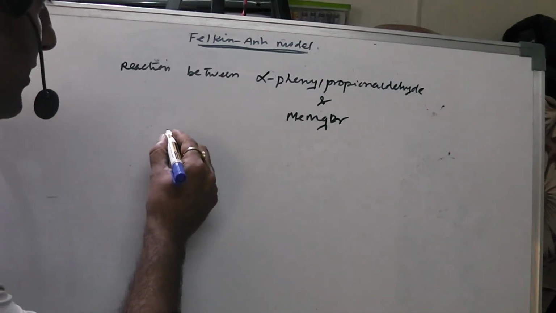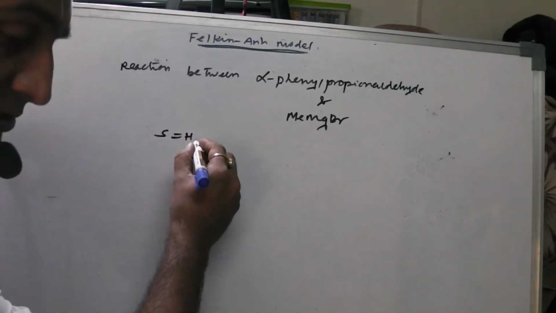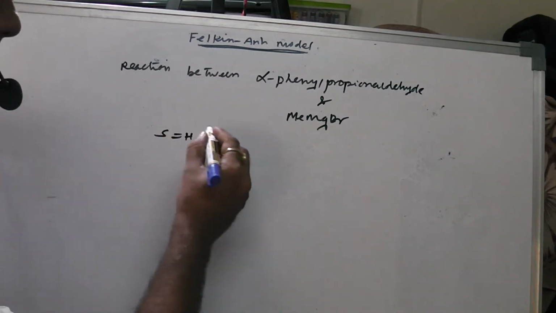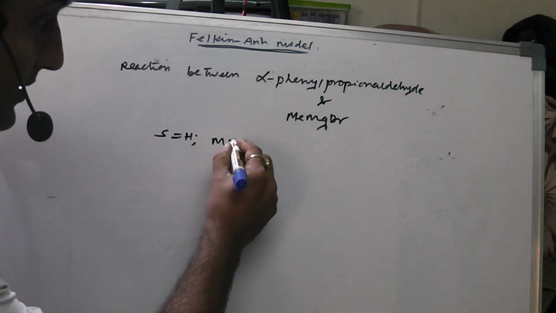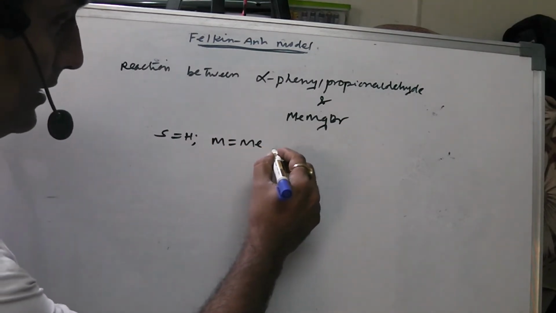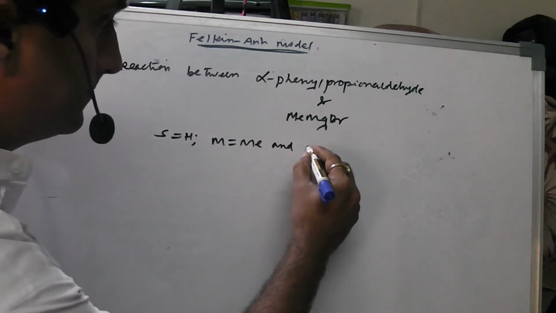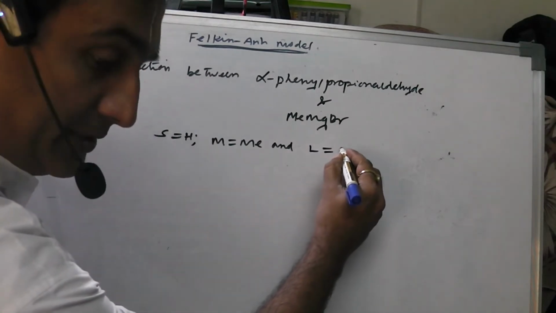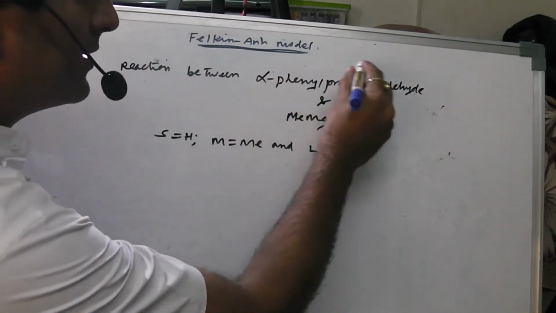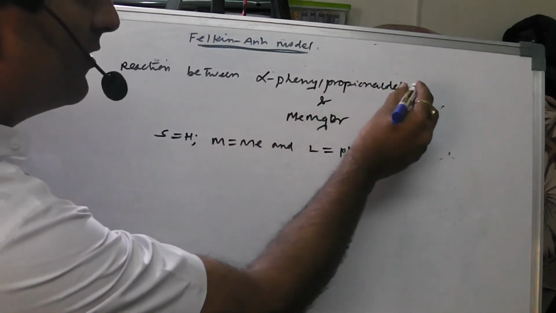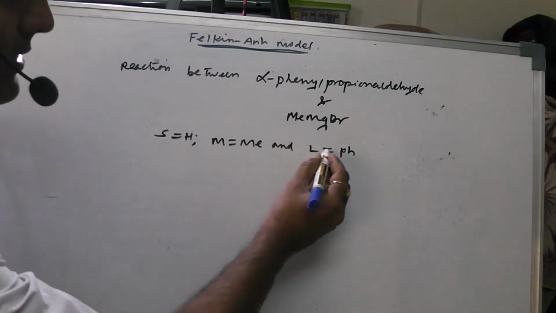Let us consider S equal to hydrogen, M is equal to Me, and L is equal to Ph. We are discussing the groups in alpha-phenyl propionaldehyde as S equal to hydrogen, M equal to Me, and L equal to Ph.